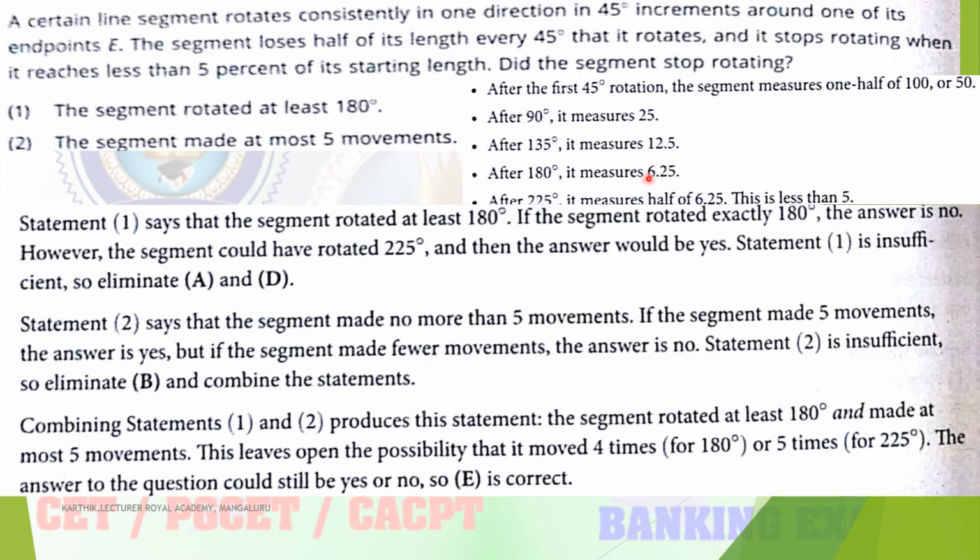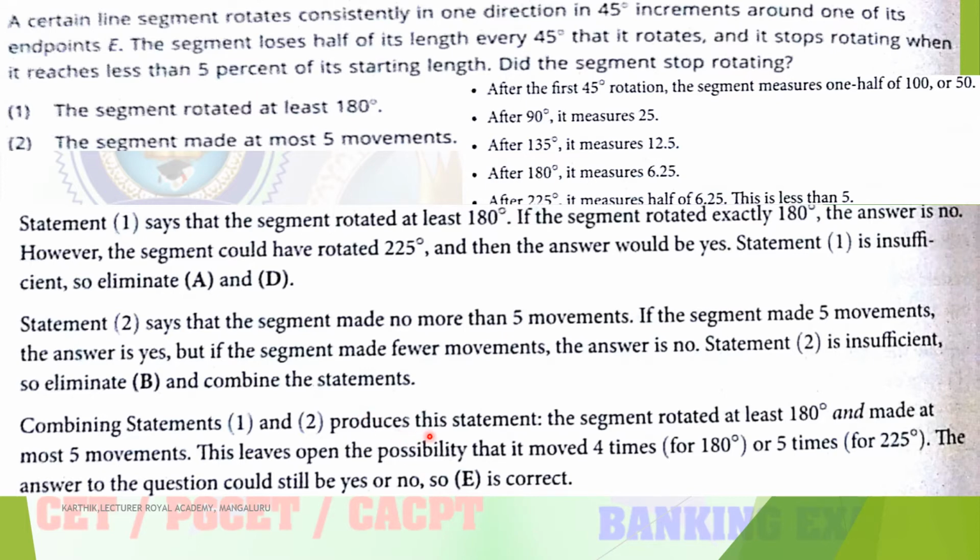After 180 degrees it measures 6.25, not less than 5%, so your answer is no. Next, the second statement tells that there are 5 movements. The fifth movement is 225 degrees, so the answer is yes. So even if clubbed together, you will get two different answers.